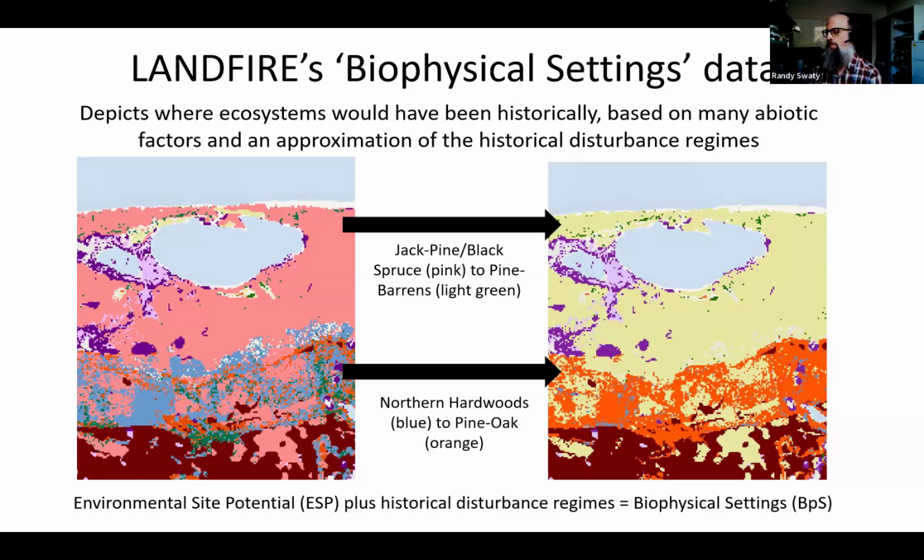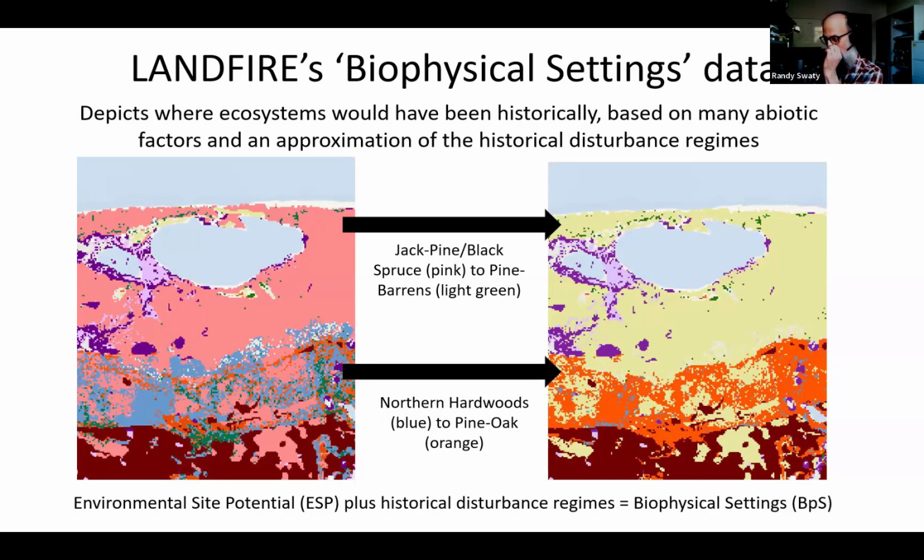When we adjusted the biophysical settings data based on disturbance regimes, a lot of those pixels that were once northern hardwoods in the environmental site potential data set were transferred, or reclassified would probably be a better term, as northern pine oak, the northern pine oak biophysical setting, which is very fire adapted. So this landscape in the eastern upper peninsula of Michigan, not far from where I live, was very fire adapted in places. And the biophysical settings data tried to get at that with that refinement.